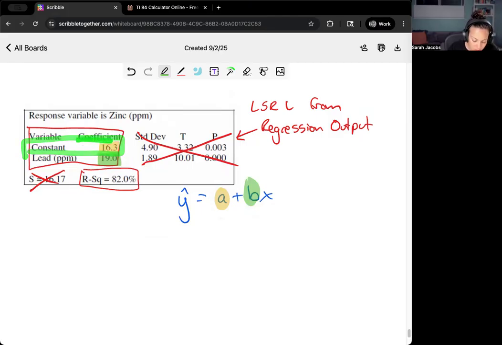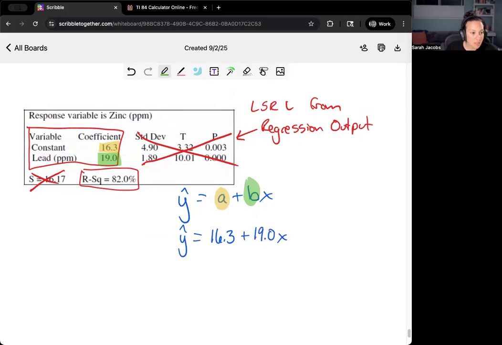It almost seems silly to call it a coefficient, but just roll with it. So this is the number we use. Now you'll notice, just like it goes a plus bx, this is a and b. Goes in order. So to do this properly, we would say y hat is equal to 16.3 plus 19.0 x.